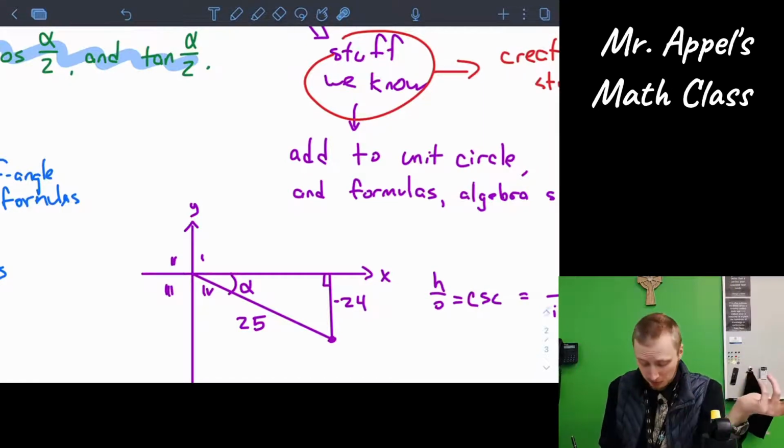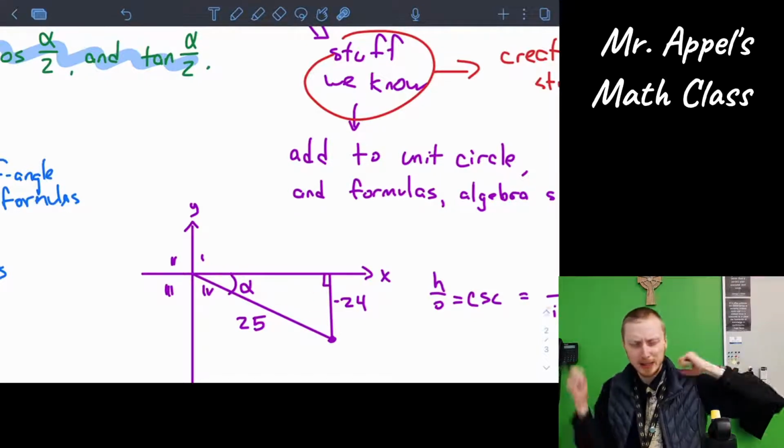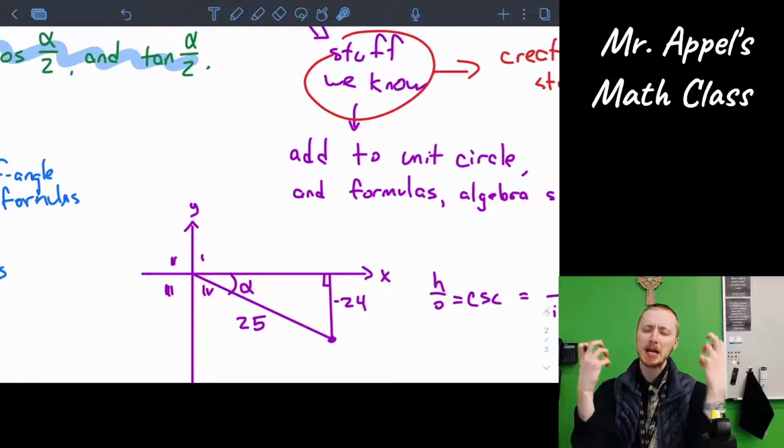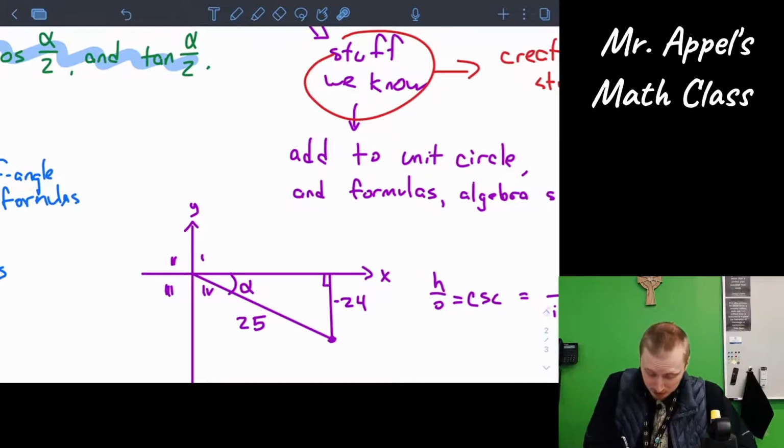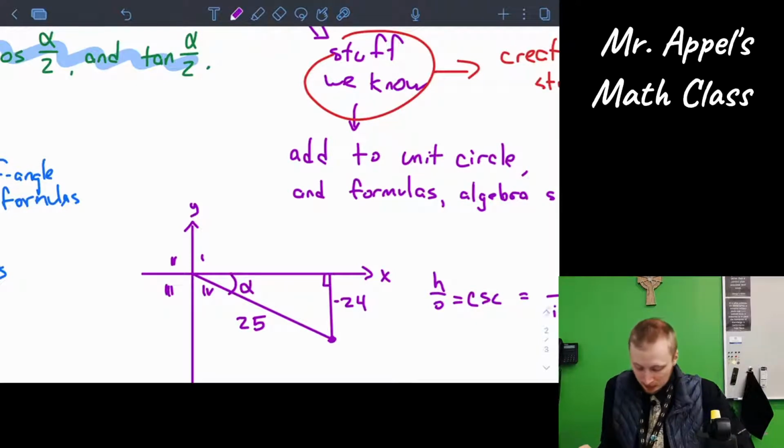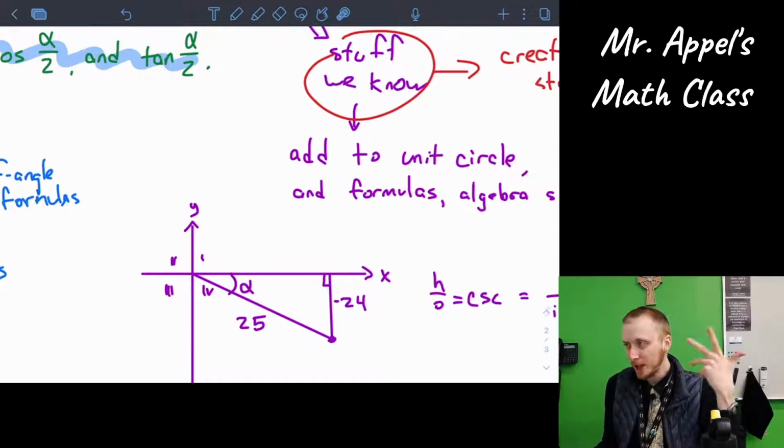So now I can see this is a right triangle. It should be like begging you, please complete me. Find the other side of this triangle, the missing link, the missing side. This sounds like a Pythagorean triple. I'm pretty sure this is a Pythagorean triple, 24 and 25. Doesn't that sound familiar to you?